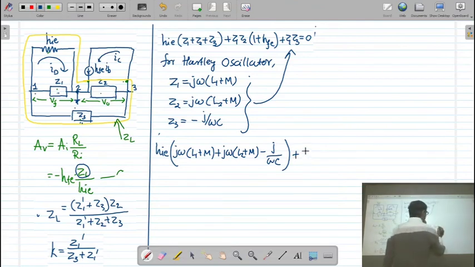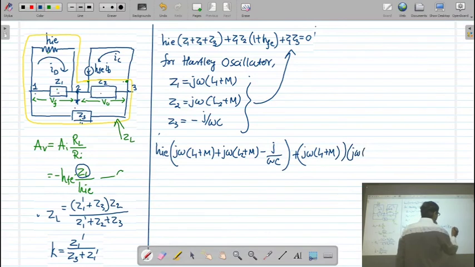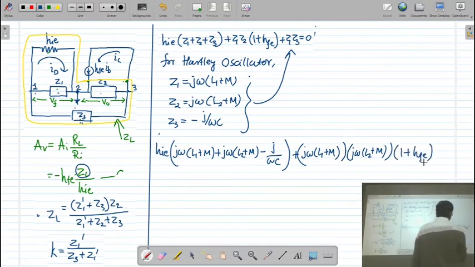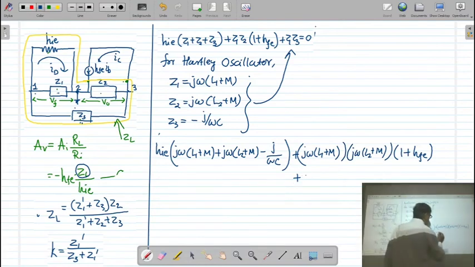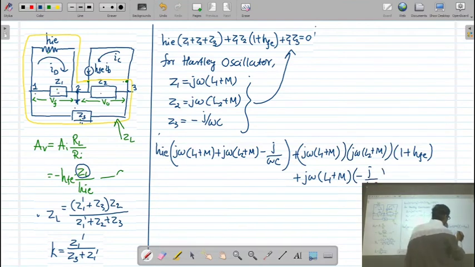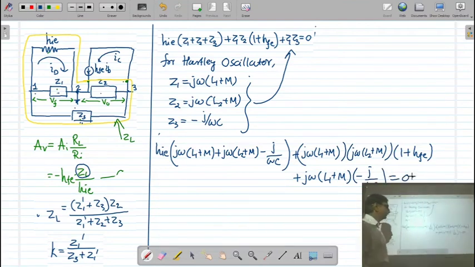So here it is j omega (L1 plus M), then multiplication with j omega (L2 plus M) into 1 plus hfe. Correct? And then we have a plus Z1 Z3. So Z1 is j omega (L1 plus M) multiplied with minus j by omega C, and this is equal to 0.